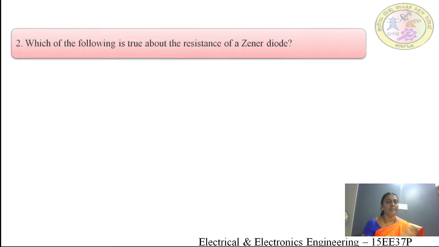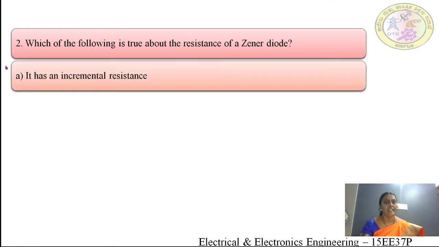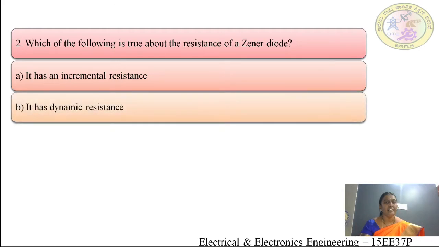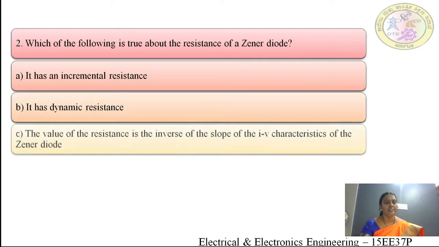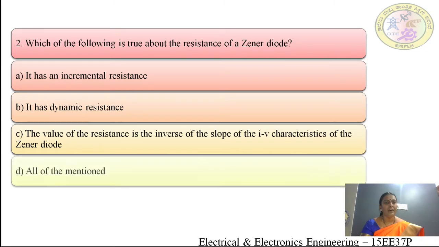Next, which of the following is true about the resistance of a Zener diode? First, it has an incremental resistance. Second, it has a dynamic resistance. Third, the value of the resistance is the inverse of the slope of the VI characteristic of the Zener diode.